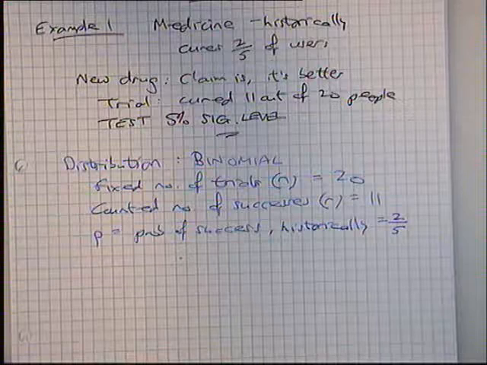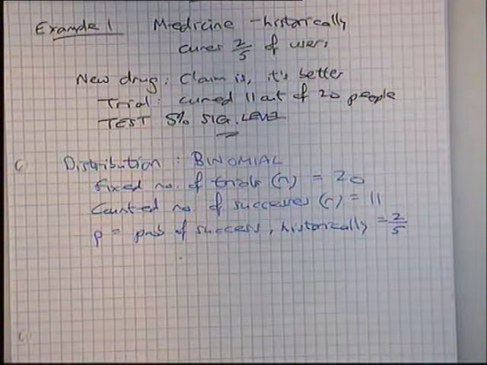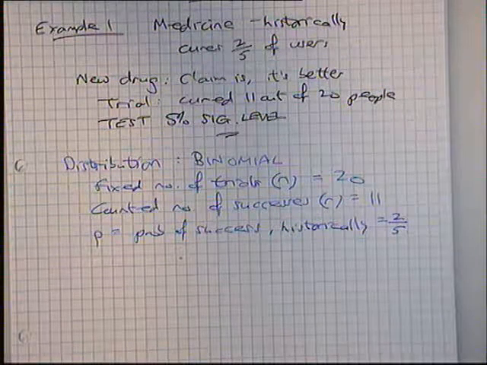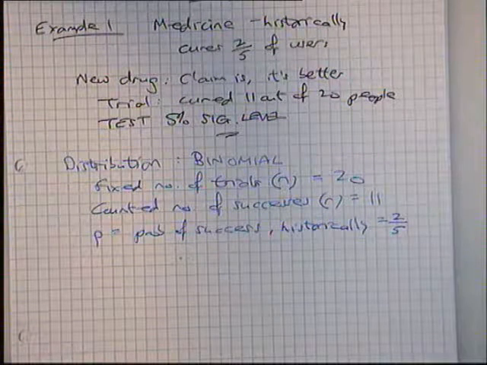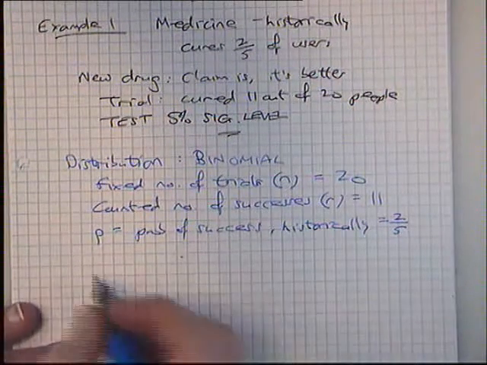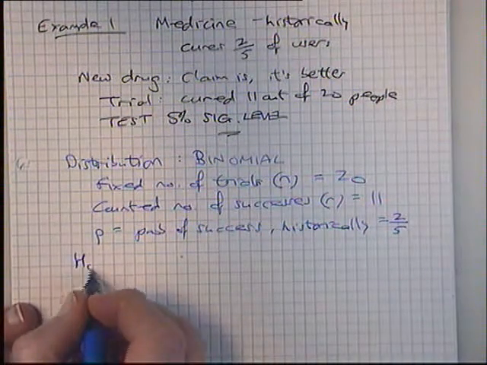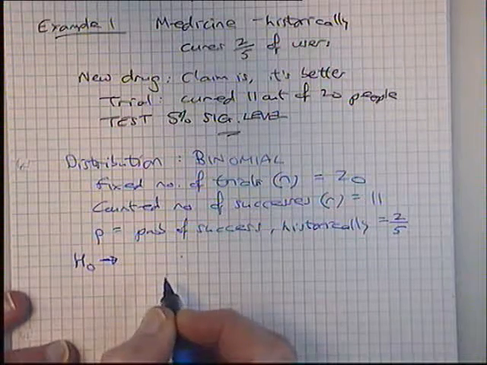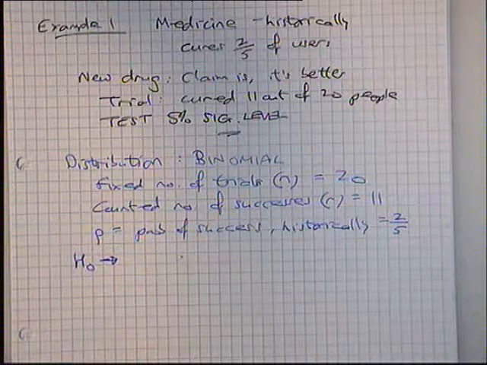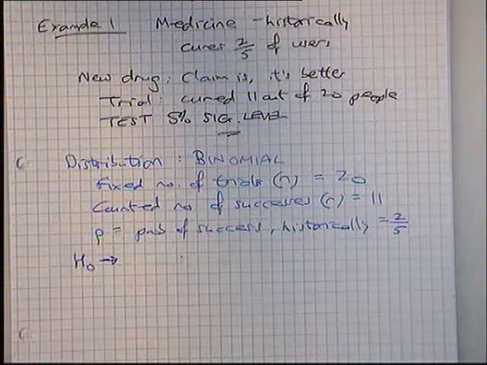So yeah, it is the binomial distribution, so well spotted, Lewis. Okay. Why is the probability of success 2/5 when it's a different drug? Well, historically it was. So what we've got to see is, has that changed or not? So let's go straight on to our two hypotheses. H0, the null hypothesis, is going to be, as I think we said when we started the last chapter, basically the status quo.